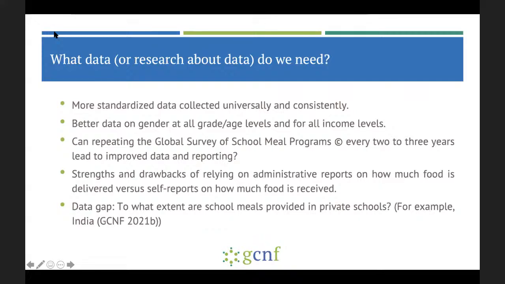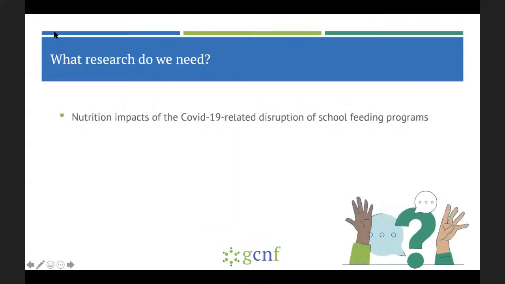One example is in India, where the government has a really good view and a good sense of what's happening with the midday meal scheme, which operates in public schools, government-funded or government supported schools, but they don't know much about what is happening with school feeding in private schools. So that's an example of a data gap that needs to be filled.